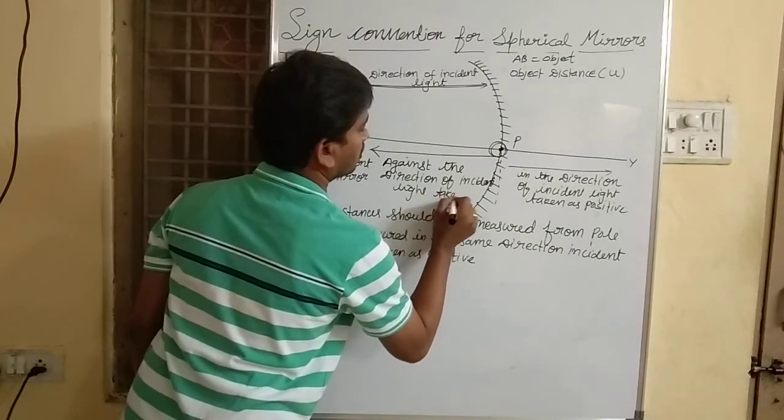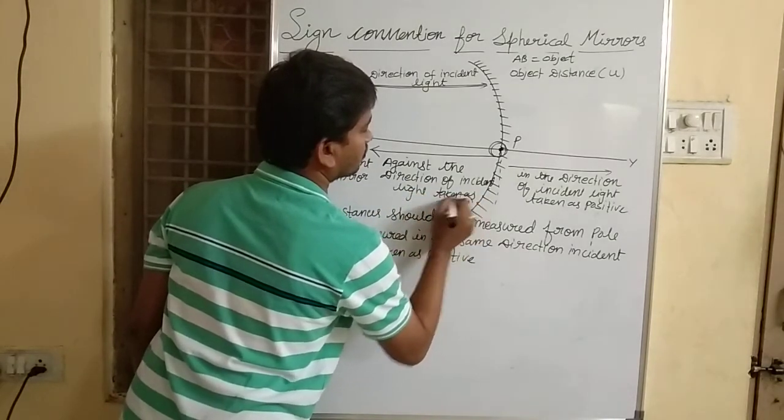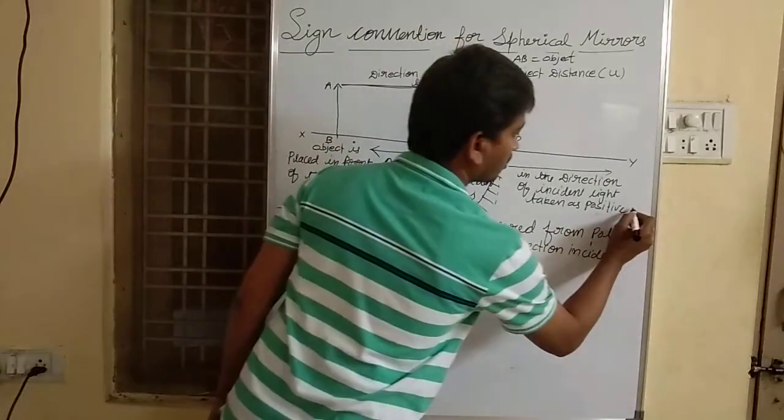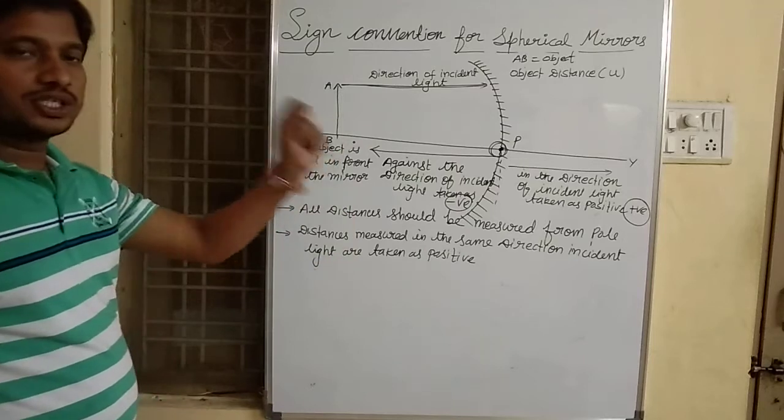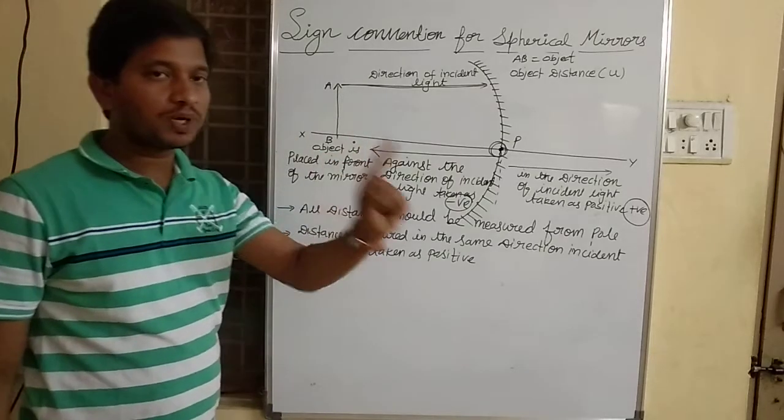The incident light is like this, and we are measuring like this, from the pole. So what will happen? Against the direction of incident light, the distance is taken as negative, and here it is positive. So all distances should be measured from the pole. That is the first point.